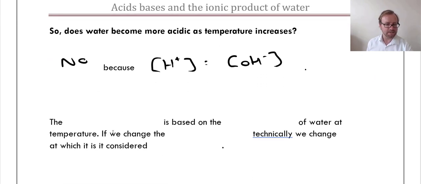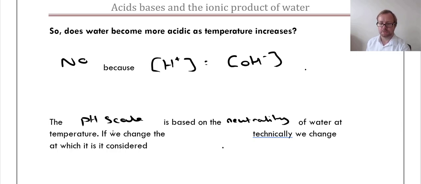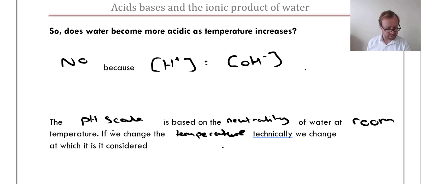So all it means is that the pH scale is based on the neutrality of water at room temperature. If we change the temperature, technically we change the pH at which it is considered neutral.